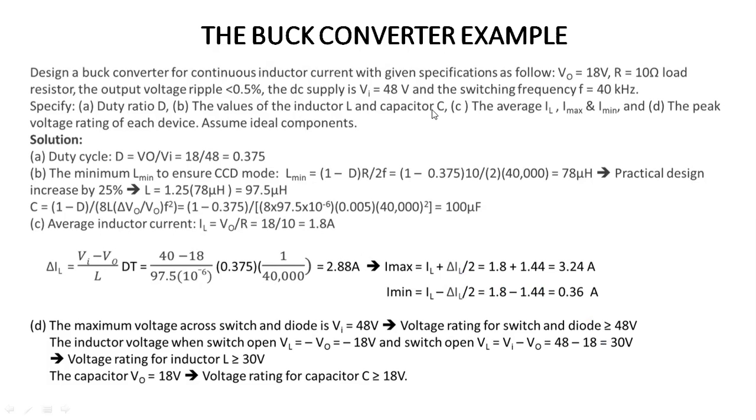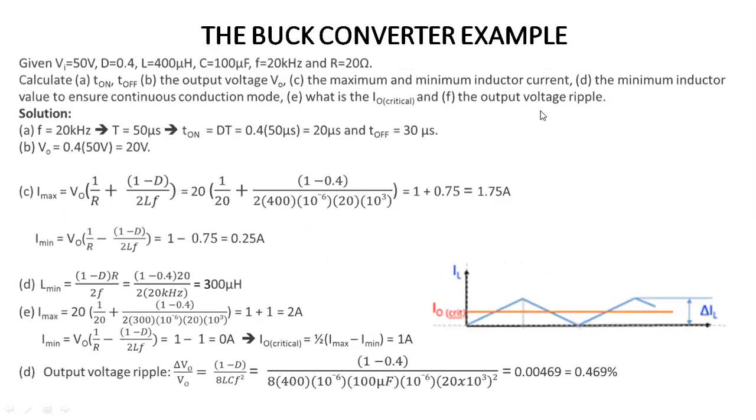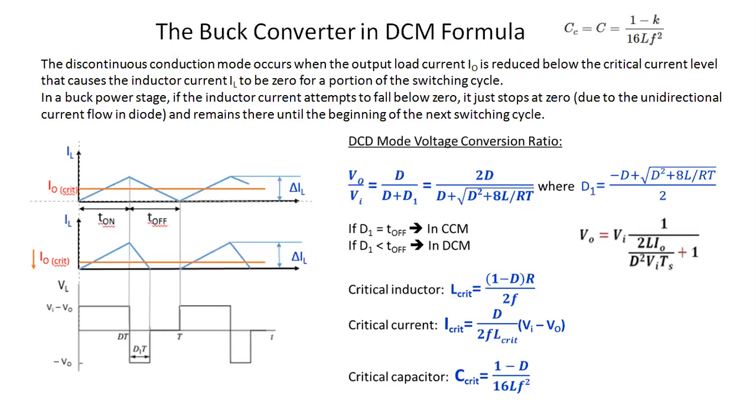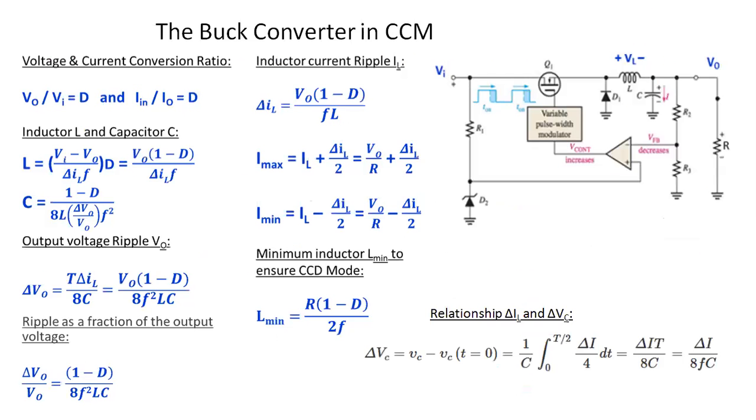After that, they are saying we are supposed to find the average value of IL, IL minimum, and IL max. We have the formula here. IL max and IL minimum, with delta IL as (1 minus D) upon 2F. We can calculate.